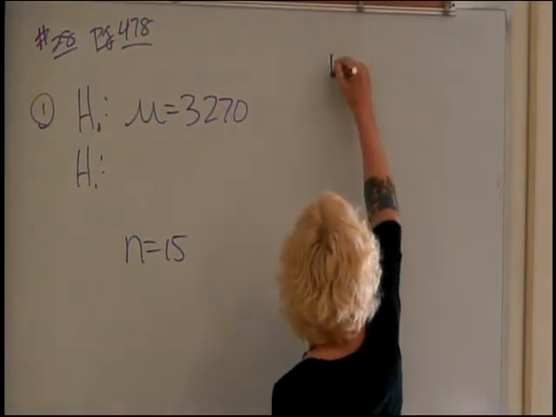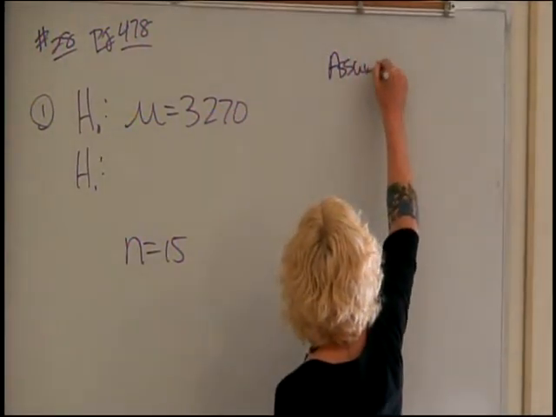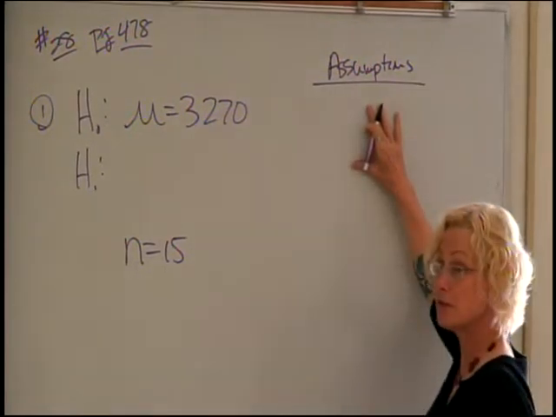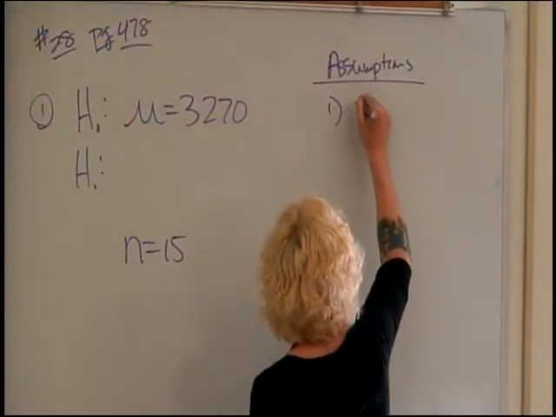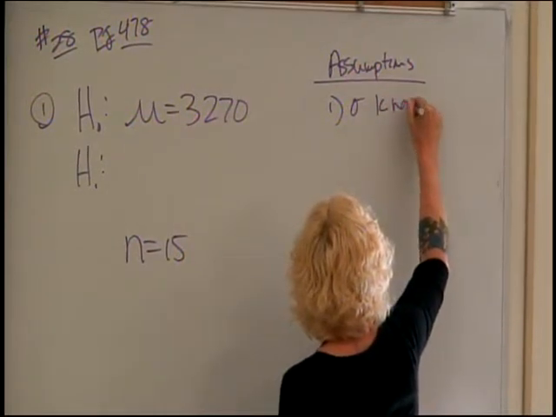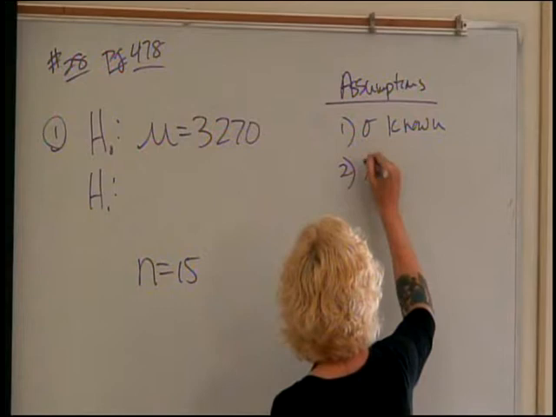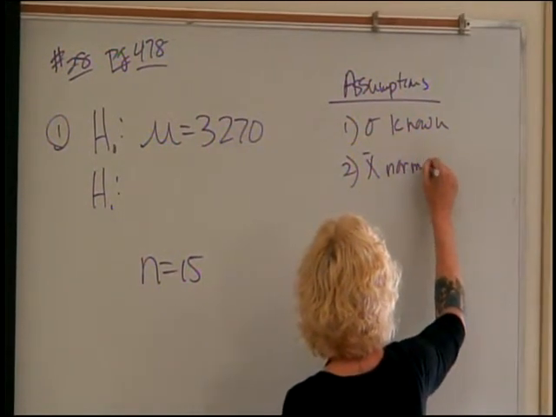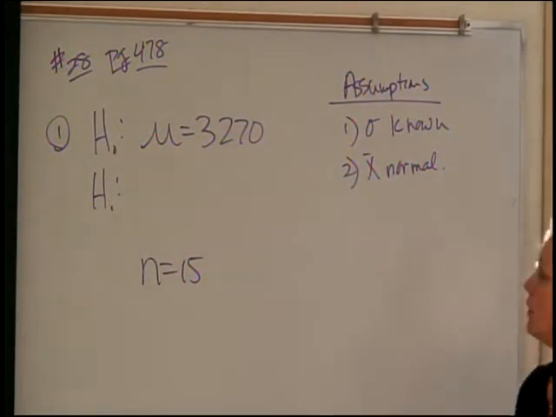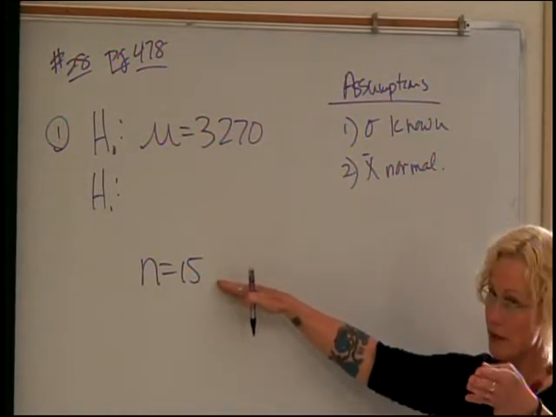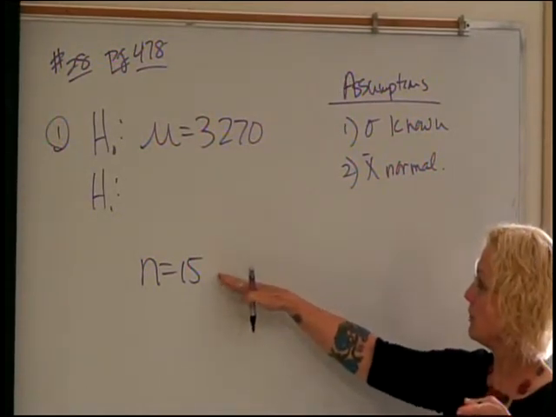Good. So our assumptions are like our criteria for using a specific inference method. In this case, we have to have a known population standard deviation, and we have to have x bar normally distributed. We discussed that the population of birth weights had to be normally distributed because we have a small sample size.